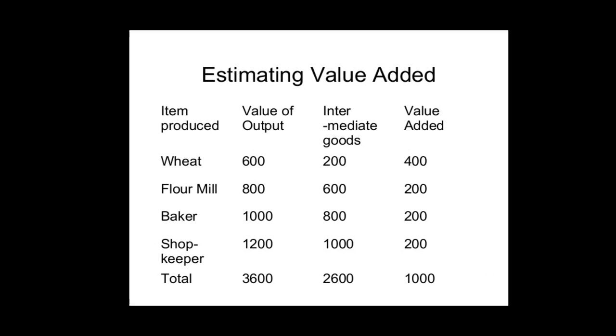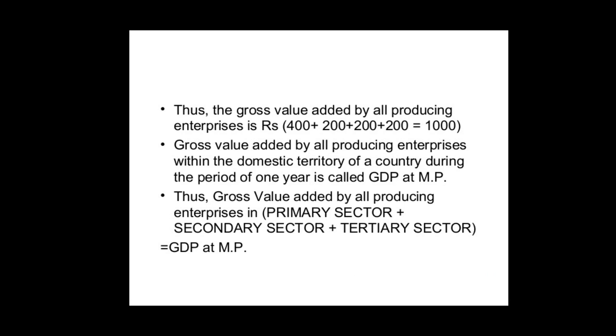Thus, the gross value added by all the producing enterprise is rupees 400 plus rupees 200 plus rupees 200 plus rupees 200, which is equal to rupees 1000. So, the total of rupees 1000 should be included in the calculation of national income.